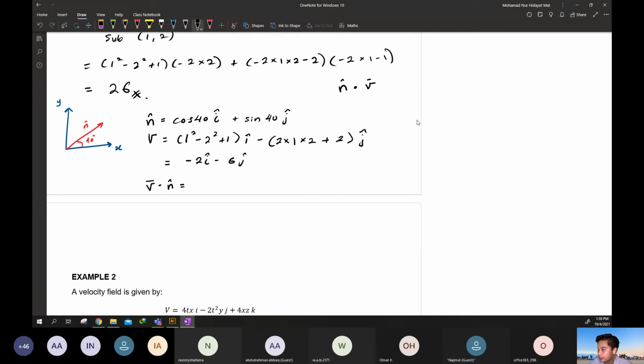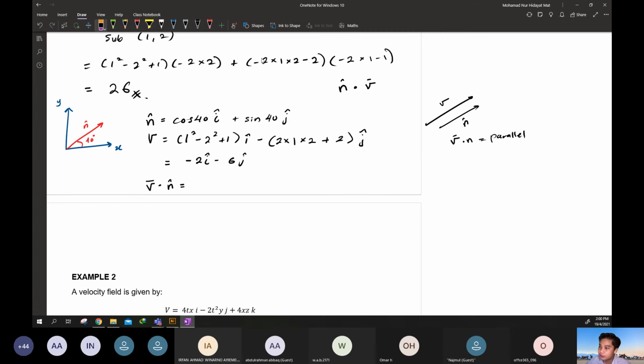When this is v and this is n, we need to apply the dot product v dot n in order to get the parallel section. When v cross product with n, we will get 0. We cannot use this; it is for perpendicular. I hope you understand.